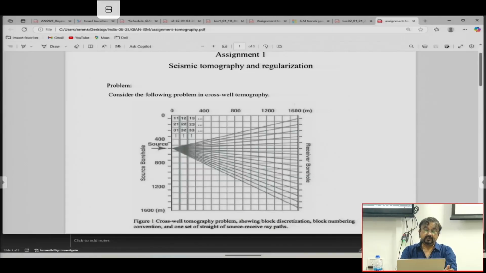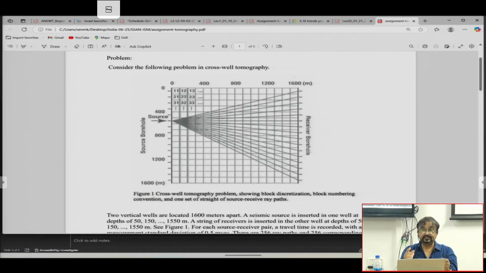Anyway, so the problem here is that of a seismic tomography, okay? And this is a linear problem. You can think of this as a seismic tomography problem, or you can also think of this as a standard medical tomography problem. Doesn't matter.